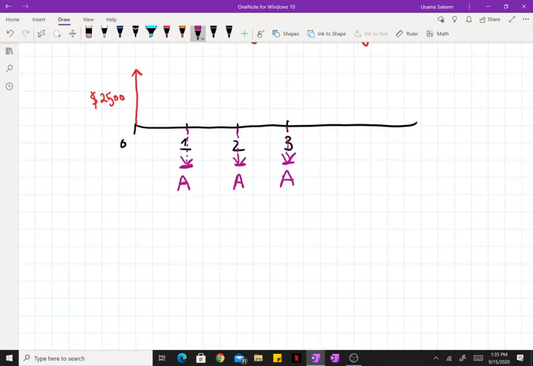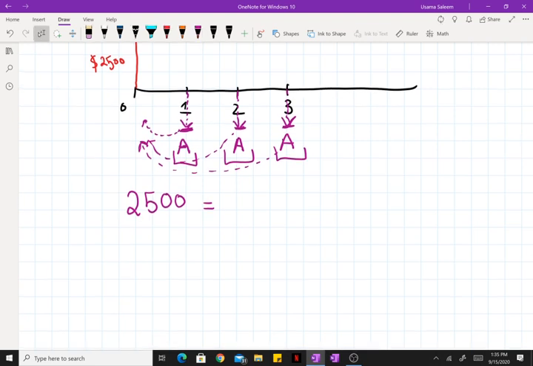So the bank has to balance this positive cash flow with these negative cash flows. So the $2,500 amount has to be equivalent. In order to make that possible, you have to take these cash flows and find their value at year zero.